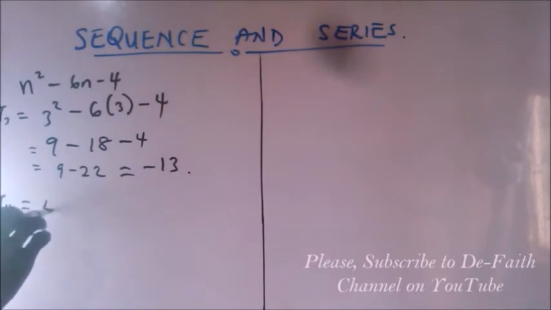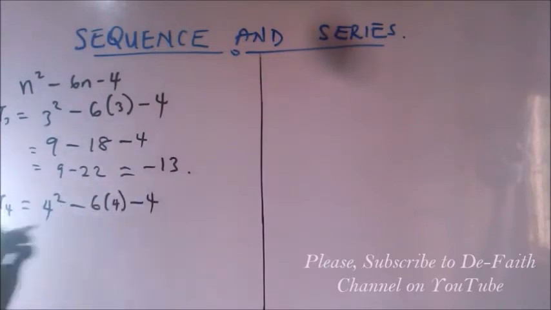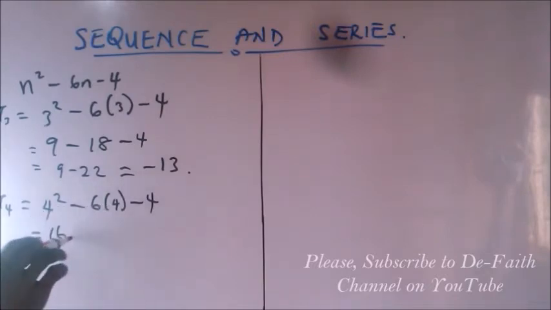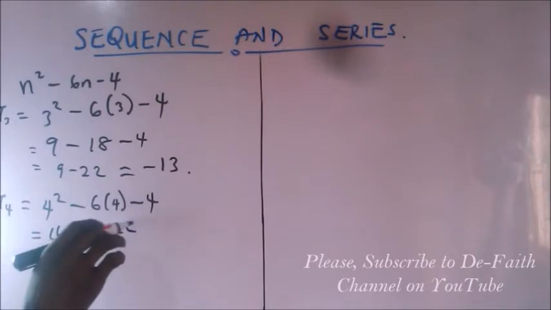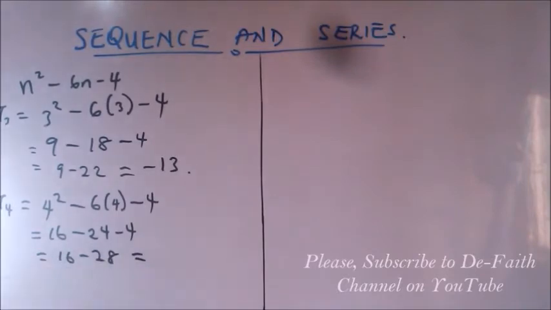So we have 4 squared minus 6 into bracket 4 minus 4. 4 squared is 16 minus 6 times 4 leaves us with minus 24 minus 4. Minus 24 minus 4, we have minus 28. And so 16 minus 28, we have minus 12.